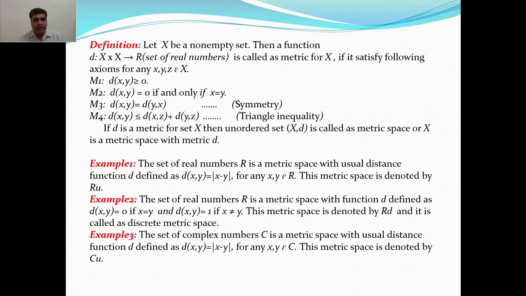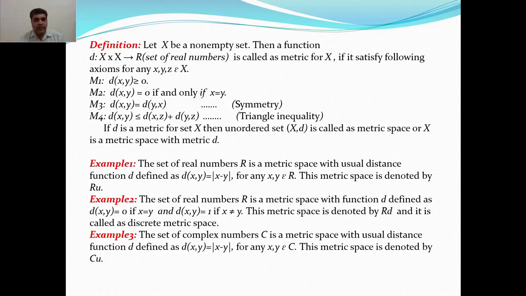On any non-empty set X, consider the function d defined from the ordered set X cross X to the set of non-negative real numbers, that is the closed-open interval 0 to infinity, satisfying the following axioms for any three elements x, y, z in X. First axiom: d of xy is greater than or equal to 0.